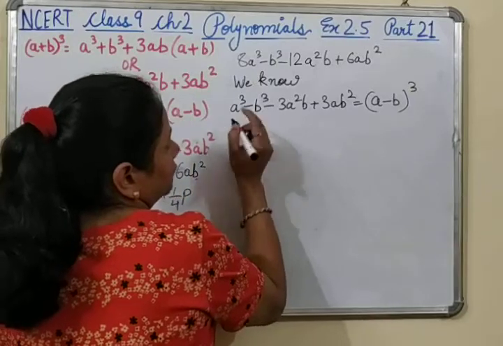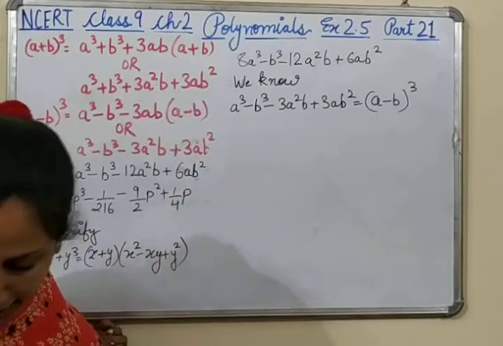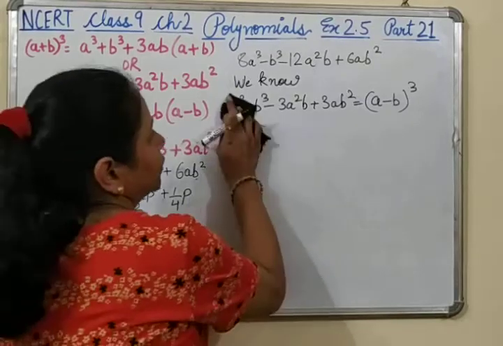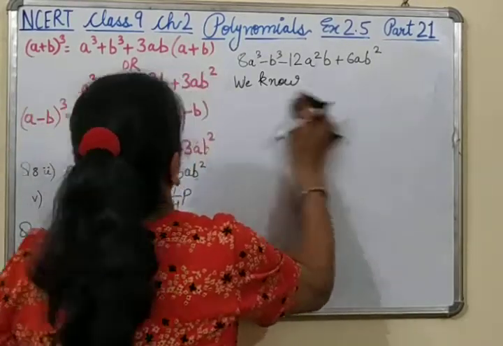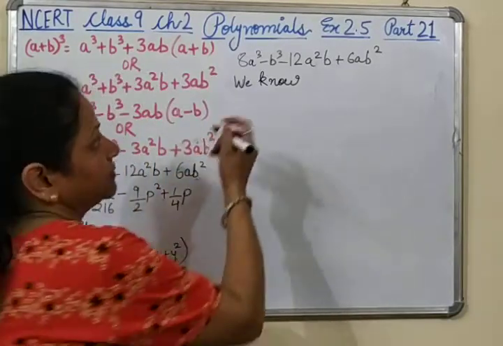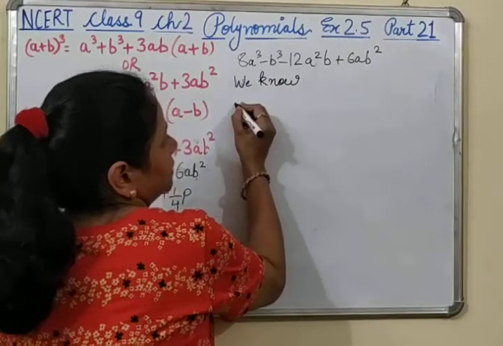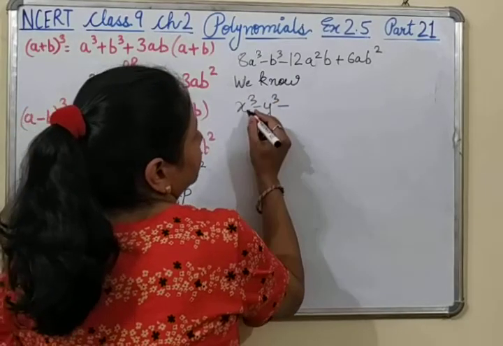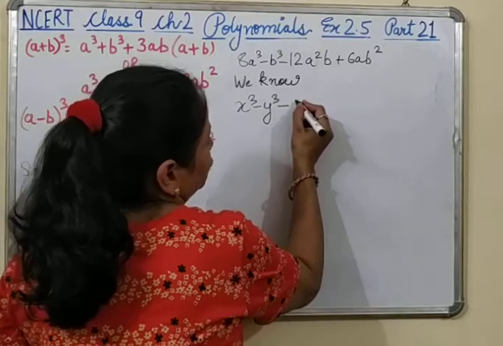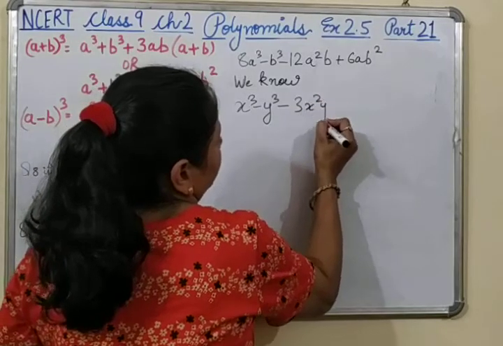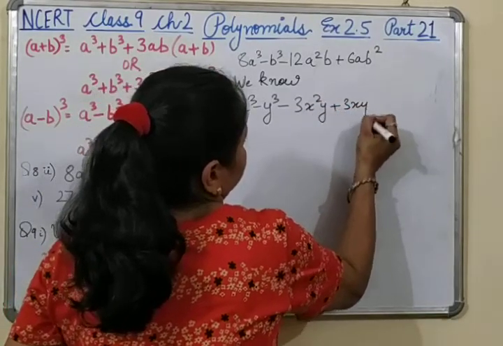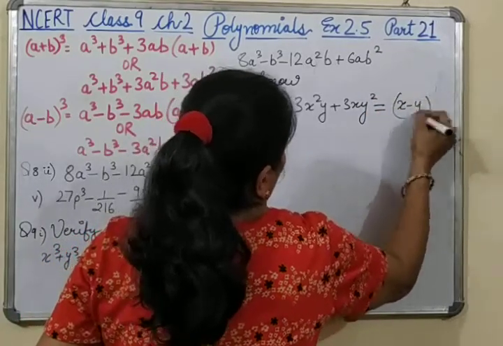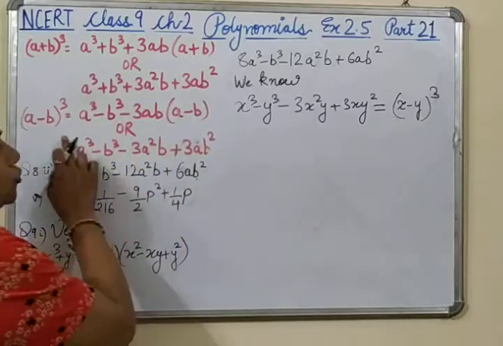And one change there, that when you have the identity in the form of a, b, c, then you have to change the identity in the form of x and y. This I told you many times earlier. Since the question is in abc, we will be writing this identity in the form of x and y. x cube minus y cube minus 3x square y plus 3xy square, and this is equals to x minus y whole cube. I hope there is no confusion between this.